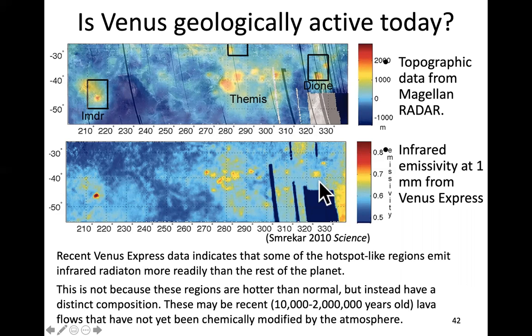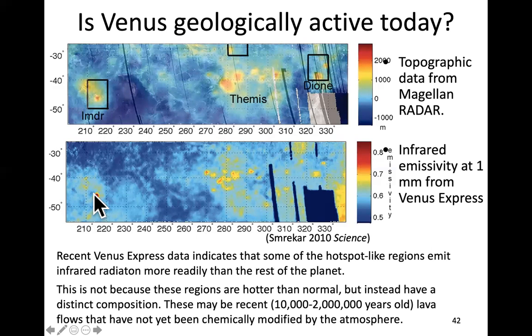Down here, we have a plot of how much the surface of Venus emits light at 1 micrometer. This is actually incorrect. It shouldn't be millimeter, it should be micrometer. And what you can see is there are spots that emit better. These turn out to be high elevation regions. This is a map showing topography, the same region. And again, red is high, blue is low.